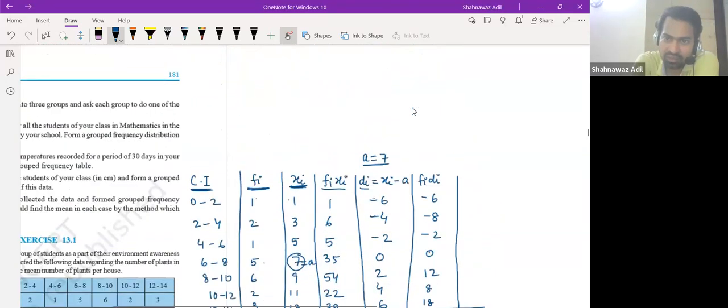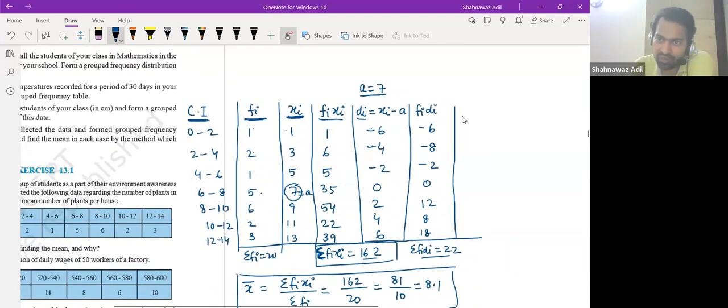And then we have this step deviation method. So di by h. What is the class size, guys? 2, sir.